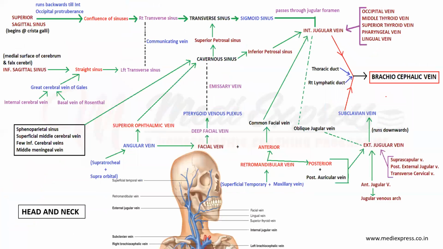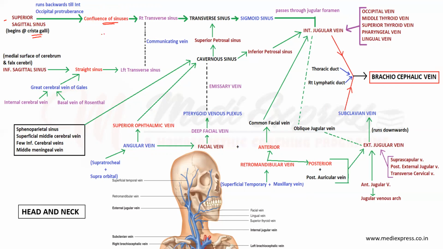Now, coming to the head and neck. You might find it a little complicated, but do not worry, this is easy. We'll start from here. Remember that the superior sagittal sinus begins at the crista galli. From there, this superior sagittal sinus will run backwards till the internal occipital protuberance, and then it will drain into the confluence of sinuses.